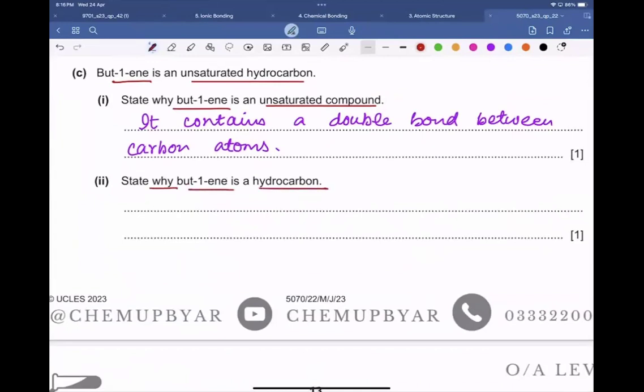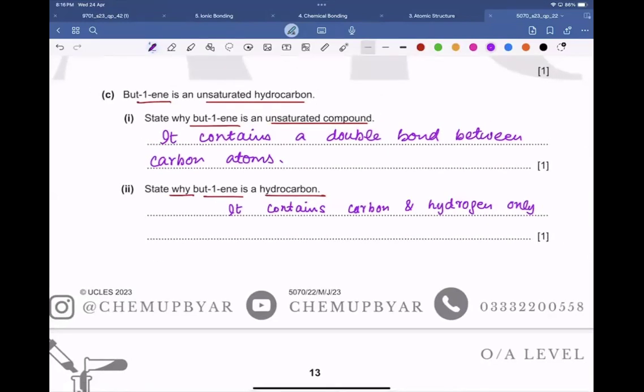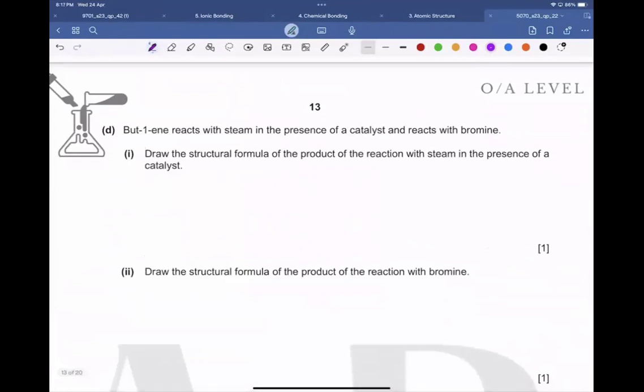So it's very simple. It contains carbon and hydrogen only, right?